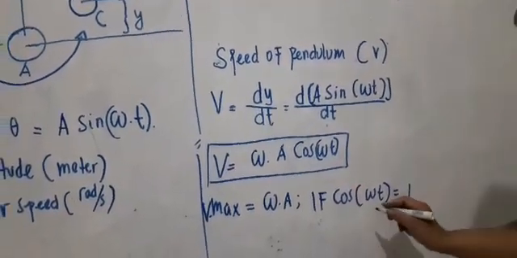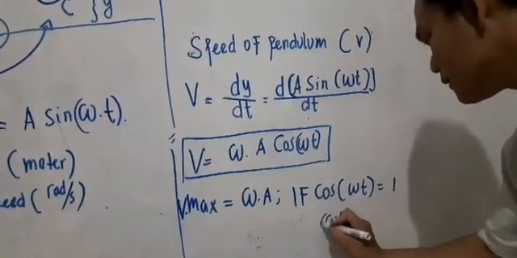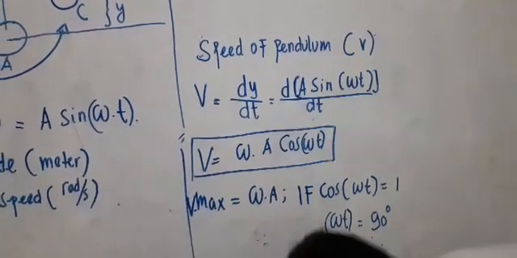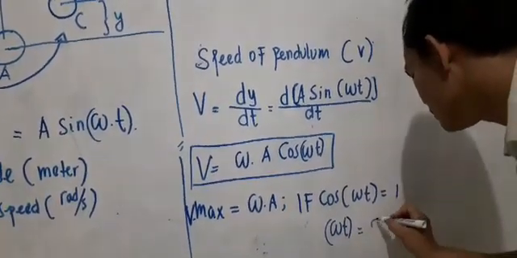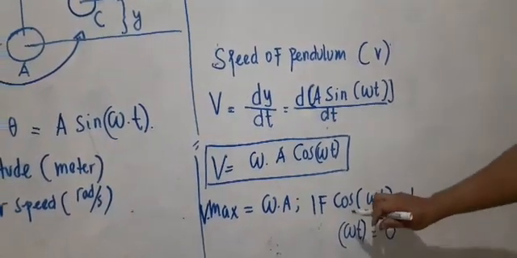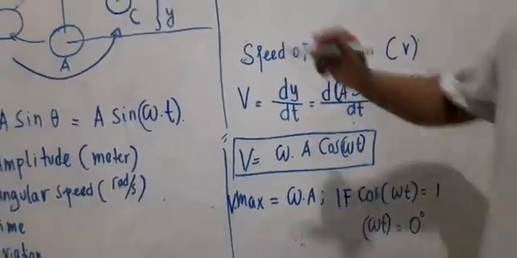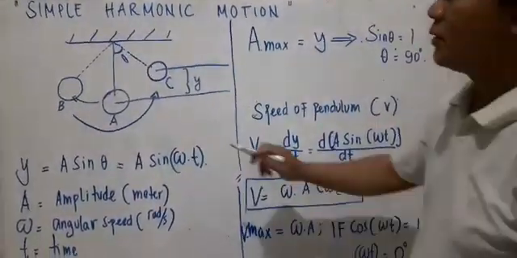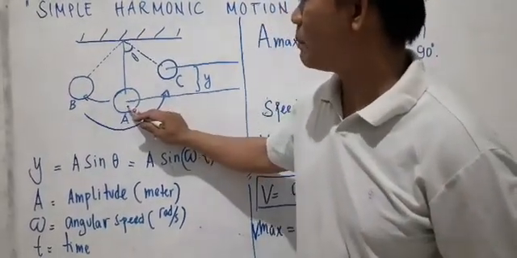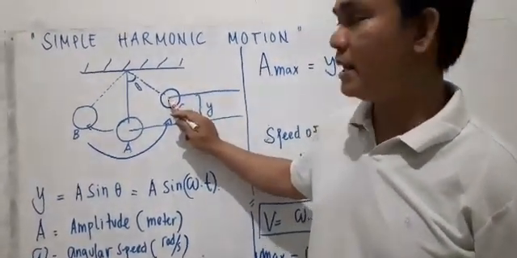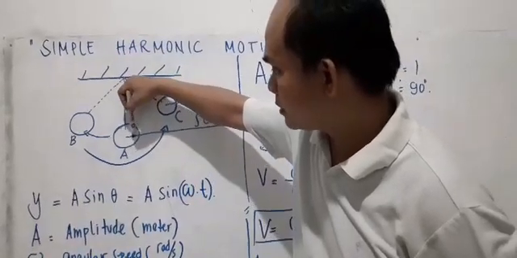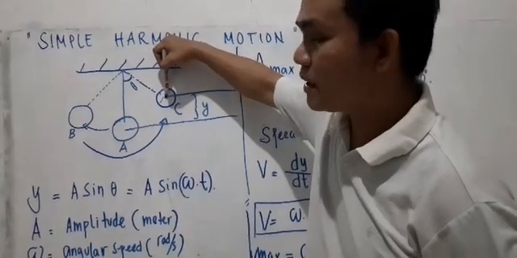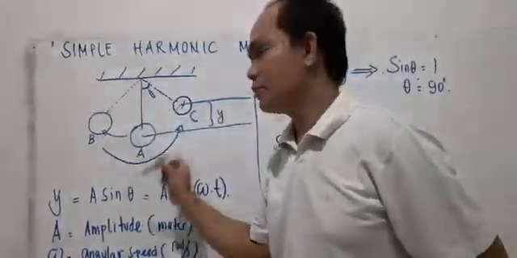It means that omega t must be 0 degrees, because cos 0 is 1. So the speed at this point is maximum, but the speed at this point is minimum. So from the maximum it is decreasing in speed and then stops here and then goes back to the maximum speed.